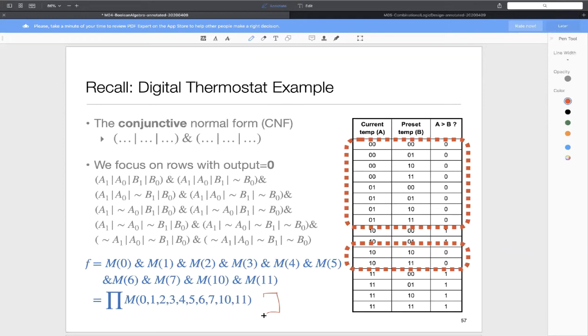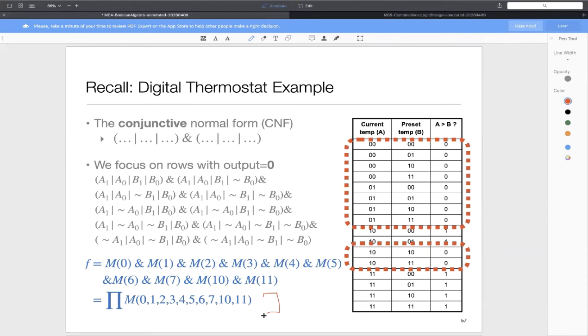Let's say I have an input pattern corresponding to row number I. Then by definition of max term, the corresponding max term, namely max term number I, will be 0.